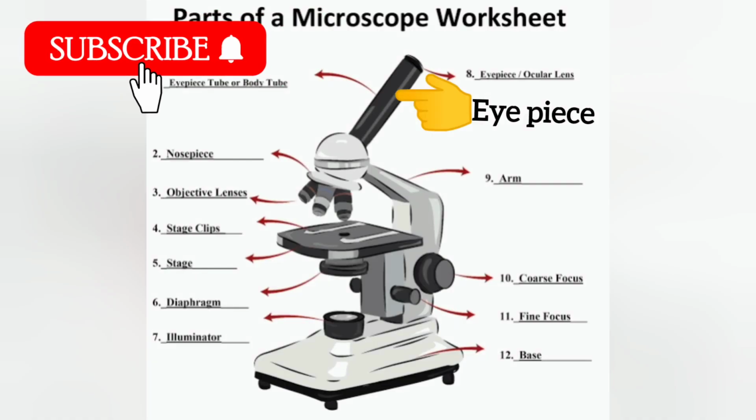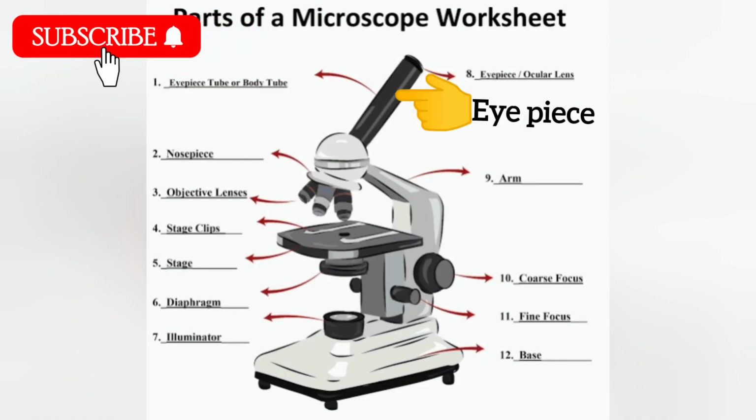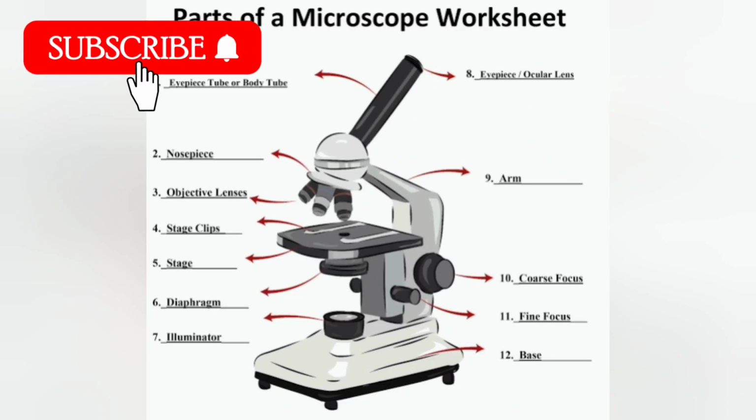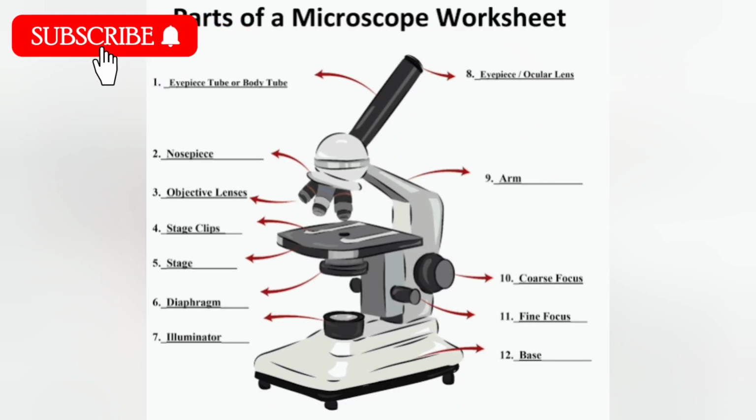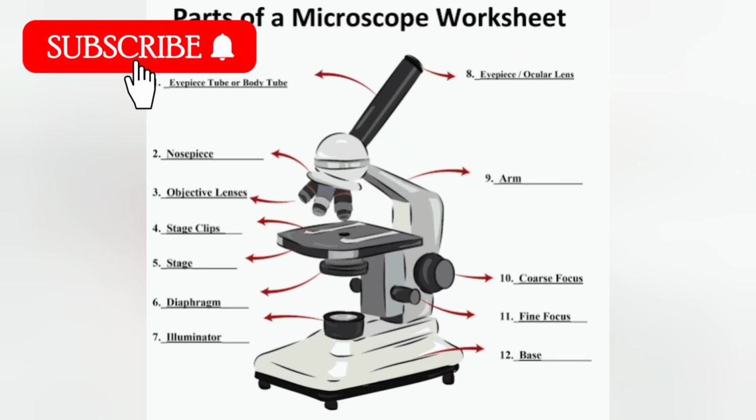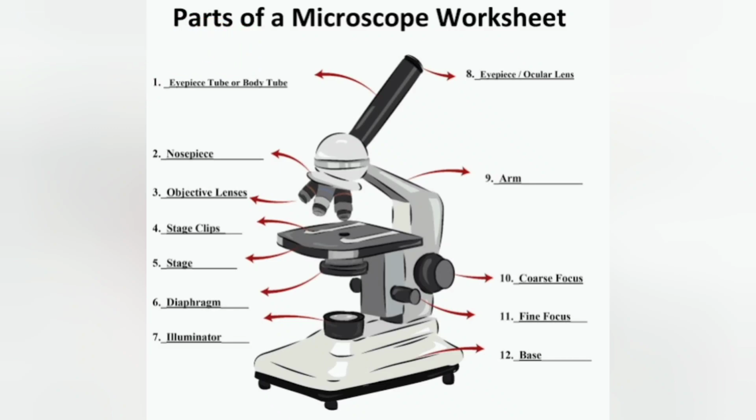The components of a microscope are the eyepiece, which contains the lens, and it may have a magnifying power of 10 times or 15 times or 40 times or 100 times. There is the nose piece. The nose piece contains objective lenses and can easily rotate to change magnification.